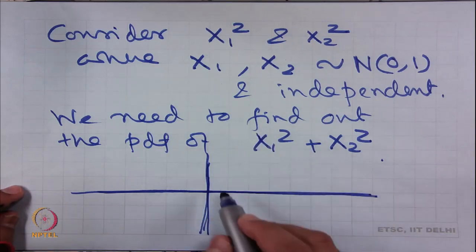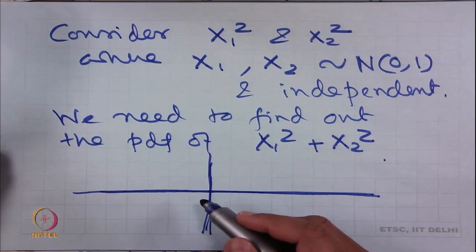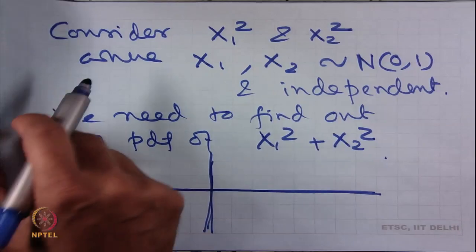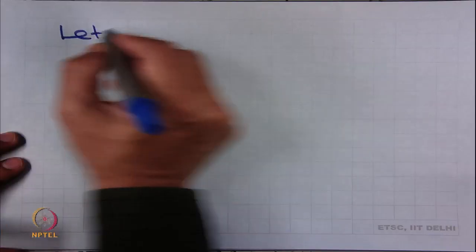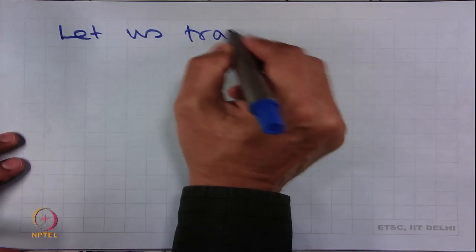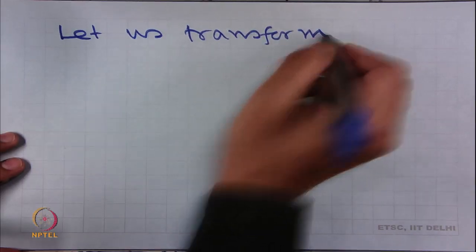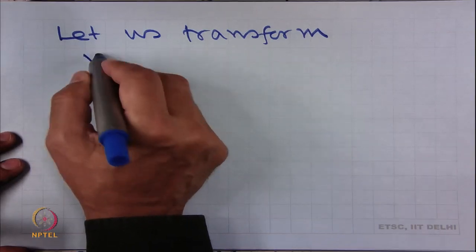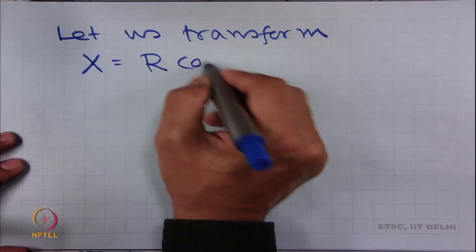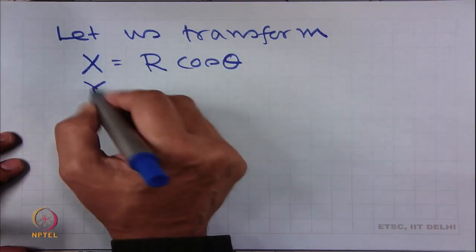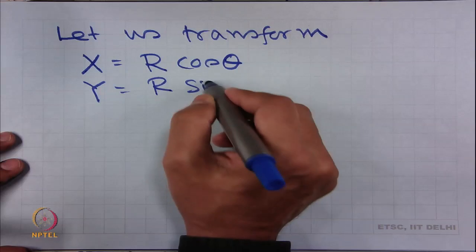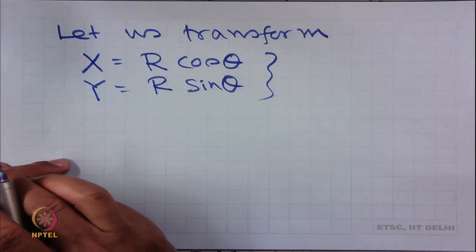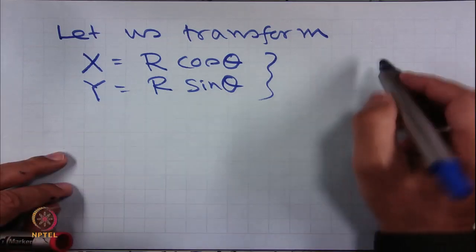Why are we doing that? Because that guides us to take a very meaningful transformation. What is that? We transform x is equal to r cos theta, y is equal to r sin theta.